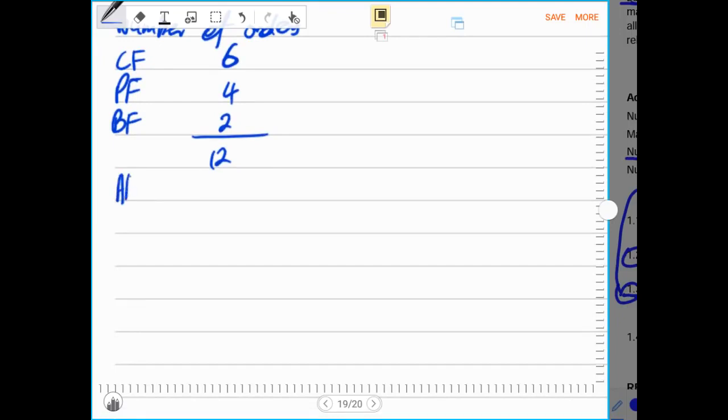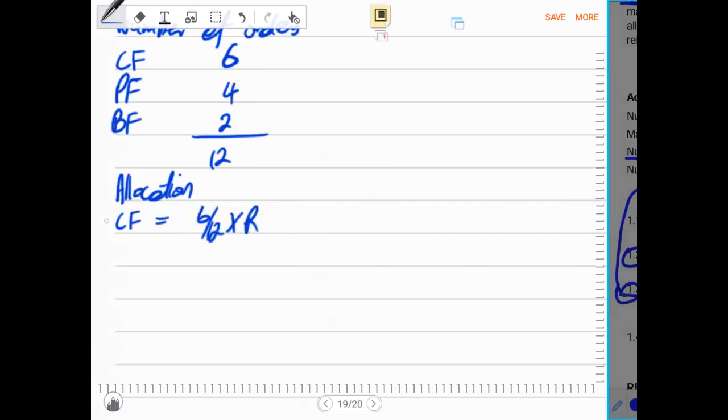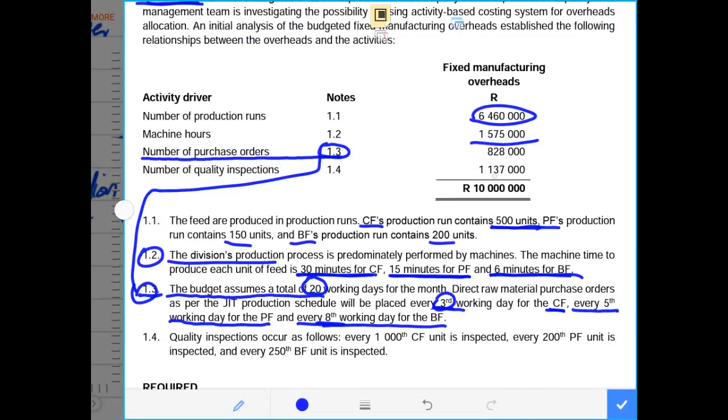Then after we do the allocation, and in the allocation we say CF is 6/12 times that by the cost, and the cost of ordering is 828,000.